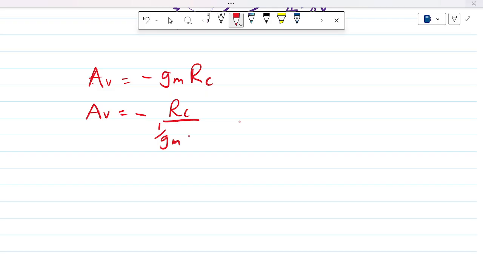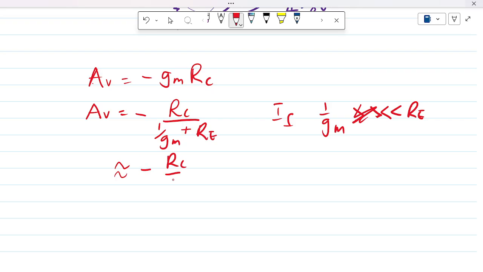So without emitter degeneration, the gm goes up here and we have the same. With emitter degeneration, you put something here. So if 1 over gm is far less than RE, then we can approximate our gain to be RC over RE. Okay, and we can see that clearly.